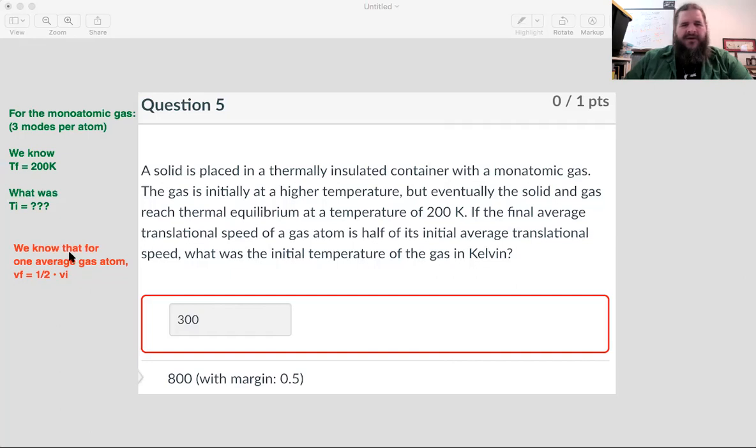And if we want to figure out exactly how much the temperature decreased by, we can use this idea that the speed has dropped to half the original amount. But what equations could we use to relate the speed of the individual atom versus the temperature of the gas? Do you have any equations that tie together the speed of the atom versus the temperature? Or if you knew the temperature, how would you find the speed?